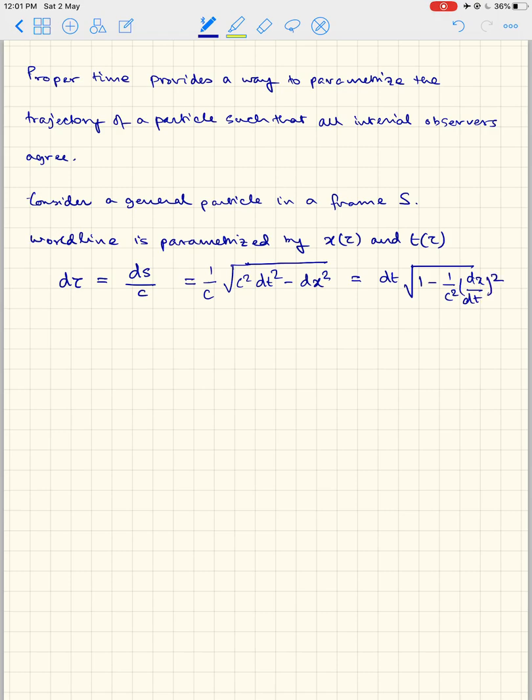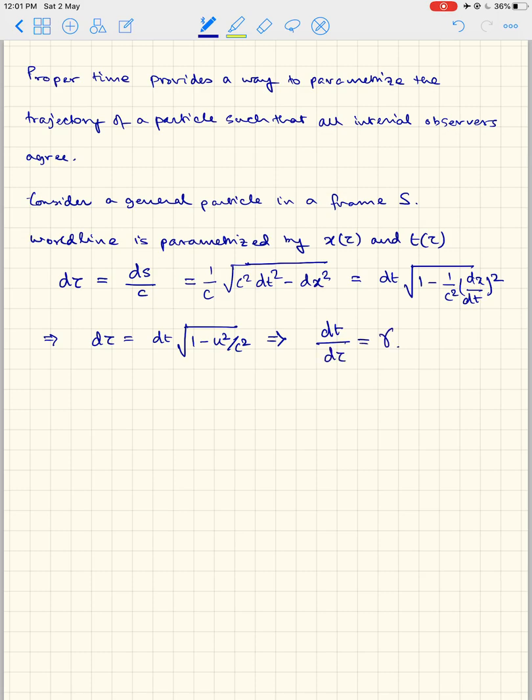This is nothing but the velocity of the particle. So let's call that u. So d tau is dt into square root of 1 minus u squared by c squared. This, as you can see, is our old familiar factor, and this essentially means that dt by d tau is just given by gamma.